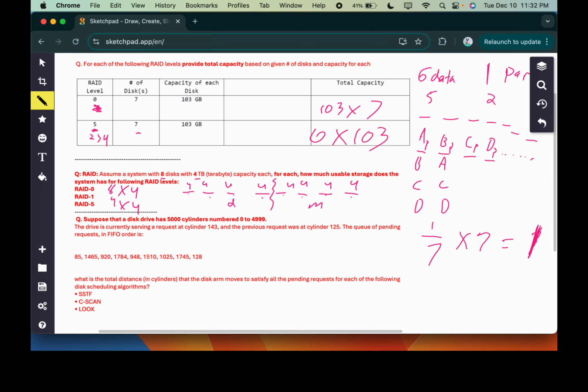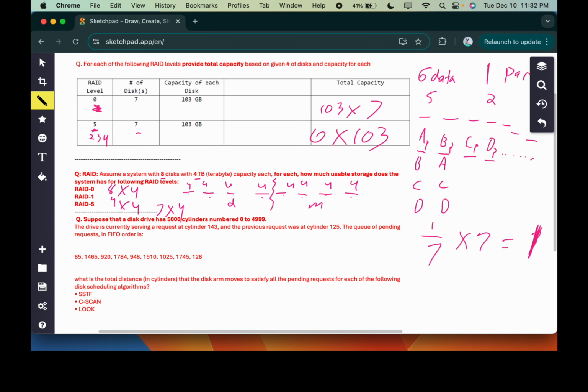RAID 5, same reasoning that we had here. When you distribute the parity and you put it back together again, essentially one full disk is going to be parity. 7 disks will be data. 7 times 4. And while we're at it, 2, 3, 4 function the same way.